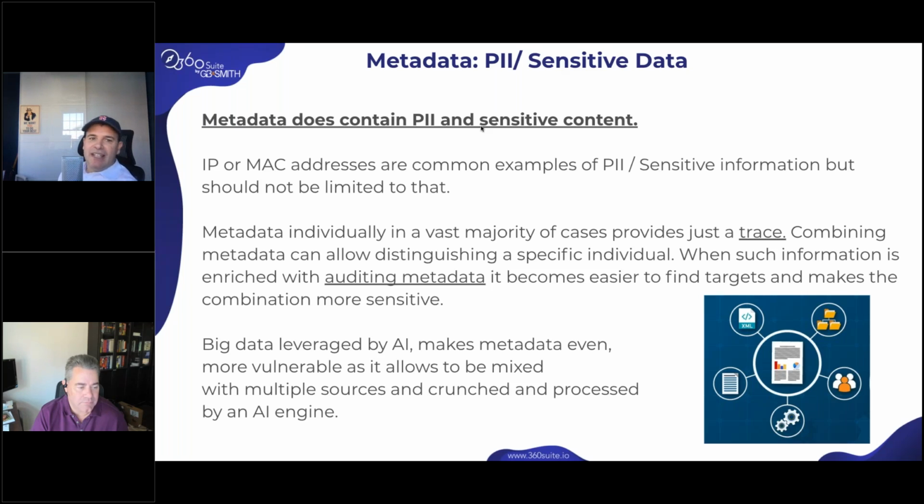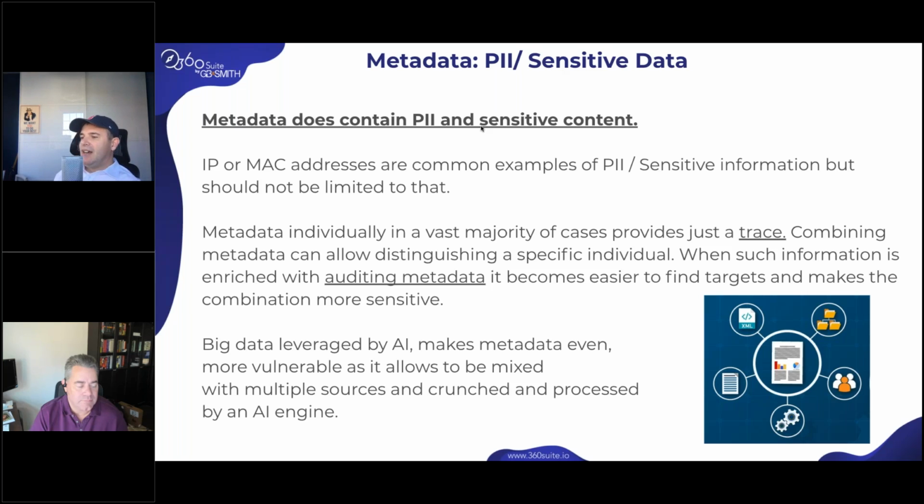In general, metadata by definition is just a piece of information, just a trace. But the reality is, with AI and big data, you're able to assemble all these traces together and find who's behind it.